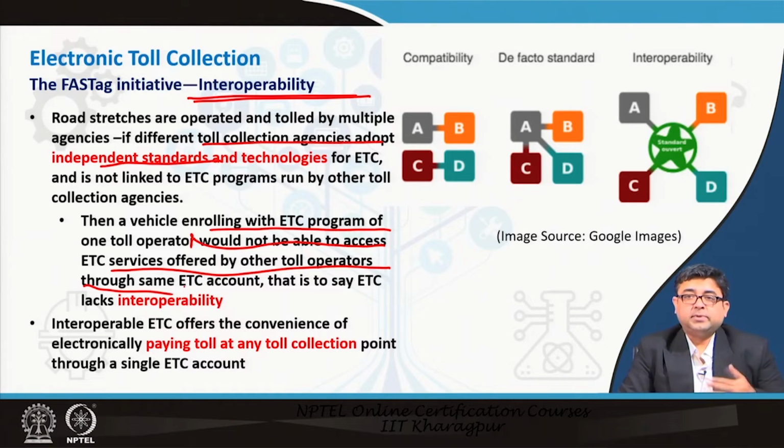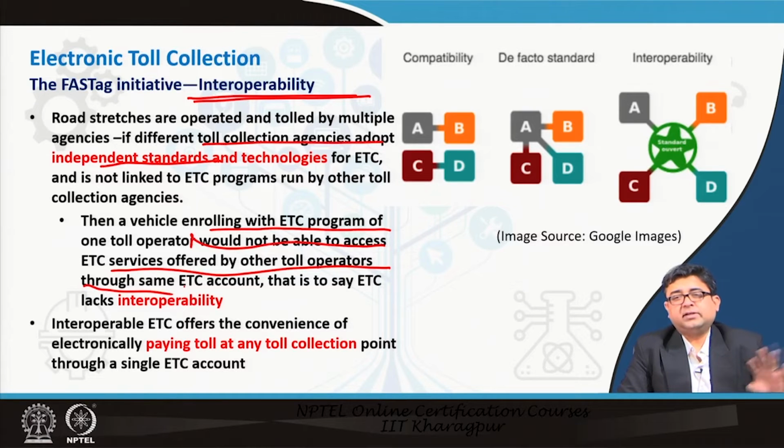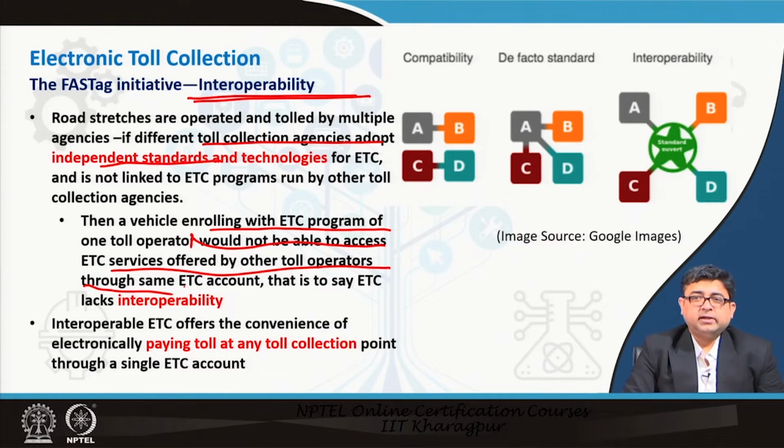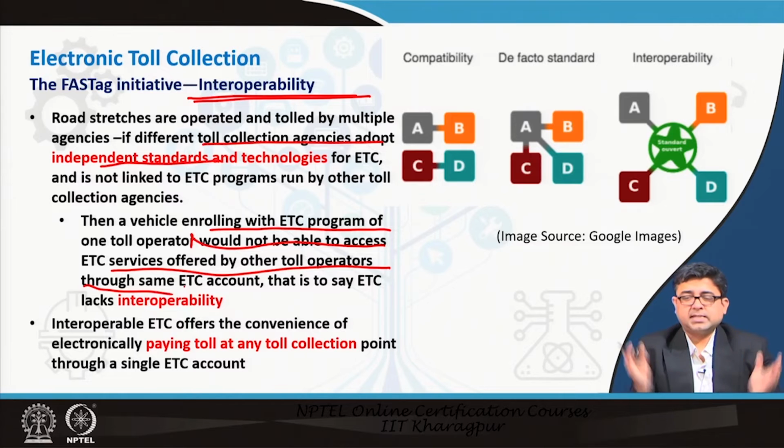So, if one highway uses a different toll operator with different standards for electronic toll collection versus the other state highway, then the FASTag, for example, would not work in one place and would work only in certain places. Then it does not bring efficiency to the system as a whole.